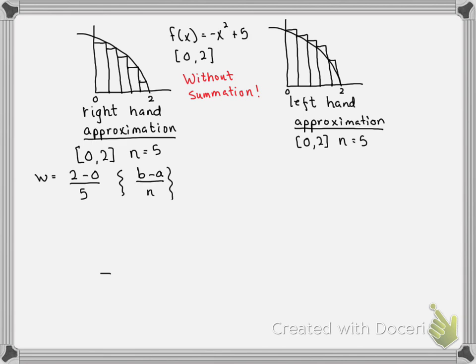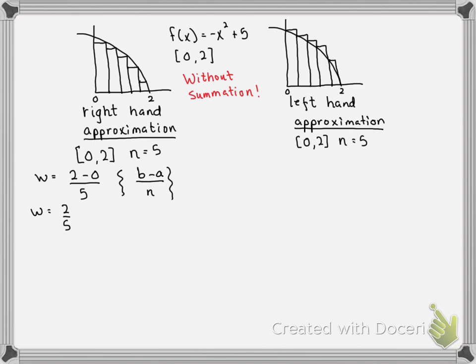That's the formula that is going to carry us through when we do use summation in just a few minutes. Once we find the width of all of those rectangles, they will be the same. So the width of each one of those rectangles is 2/5.